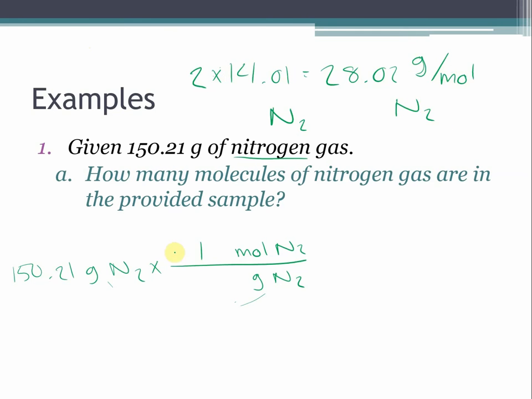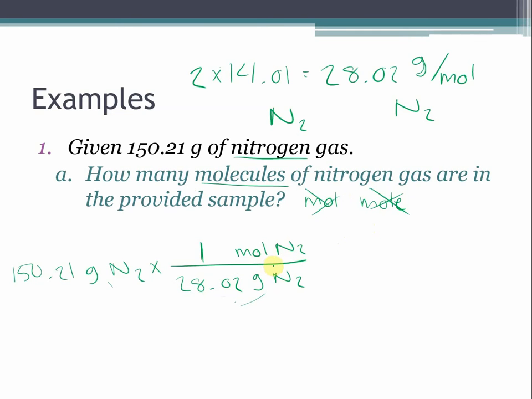So that means that for every 1 mole of N2, we have 28.02 grams. That'll give us moles, but we are looking for molecules. Quick note, please do not abbreviate molecules as MOL or MOLE, because that's a pretty surefire way to make sure you're gonna work the problem wrong and get the wrong answer.